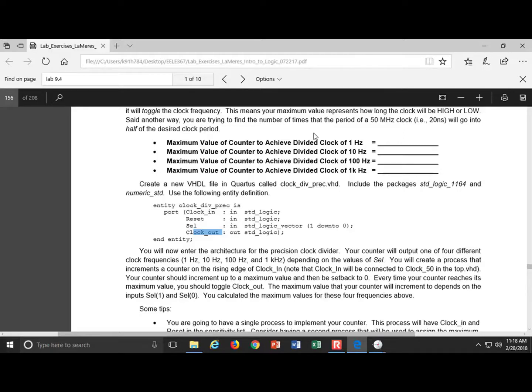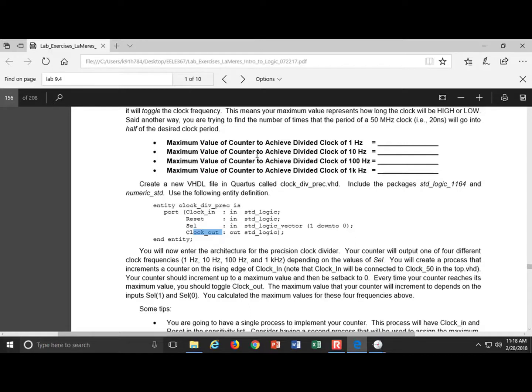So you could put some logic within your process to say, if select is equal to 0,0, then my range will be 100,000. If select is 0,1, my range will be 50,000. If it's 1,0, it'll be 25,000. That is nothing more than an if-then statement that you could have in there.